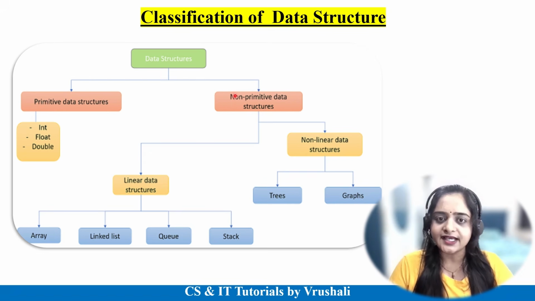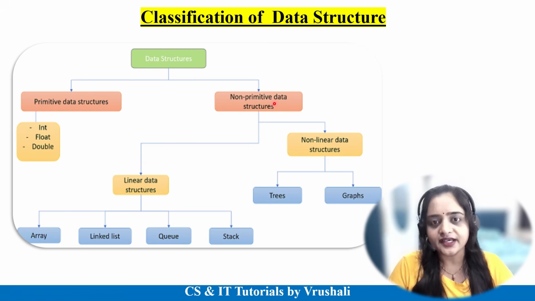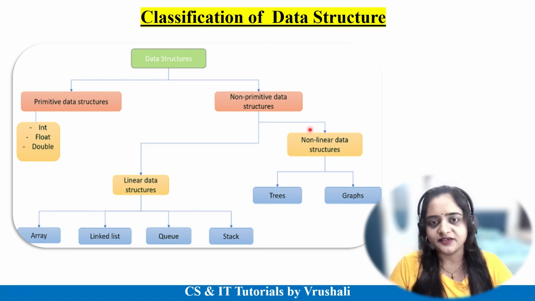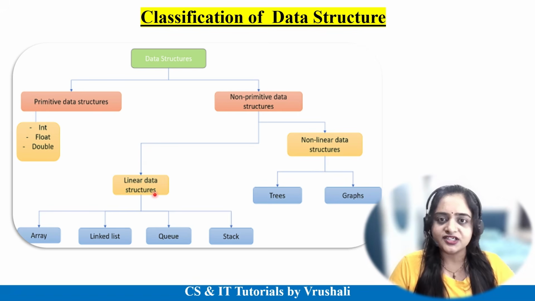On the other side, there is non-primitive data structure. Non-primitive is the user-defined data structure. It is divided into two parts, linear and non-linear. Linear data structure means all your information is stored in a sequential or linear manner, like array, linked list, queue and stack.